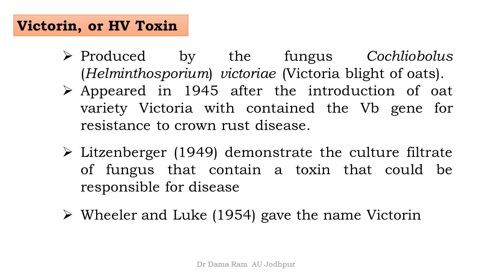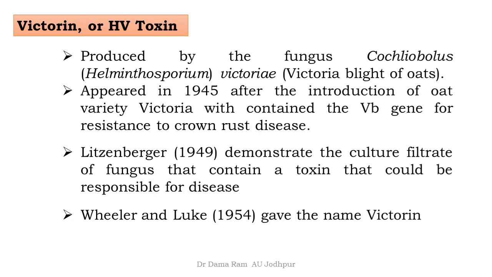This fungus appeared in 1945 after the widespread use of the oat variety Victoria and its derivatives, all of which contain the Vb gene for resistance to crown rust disease.